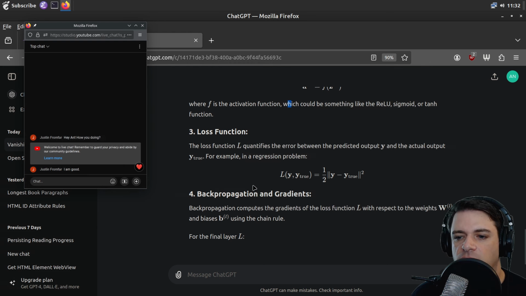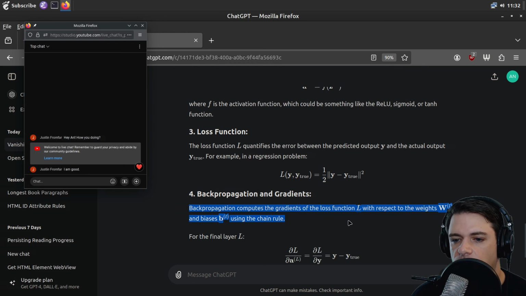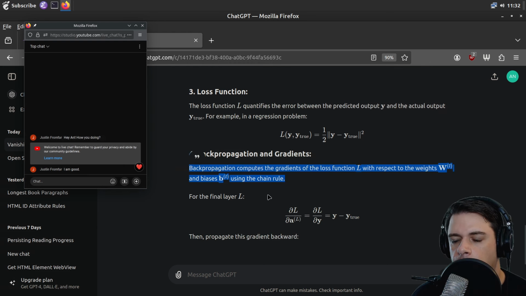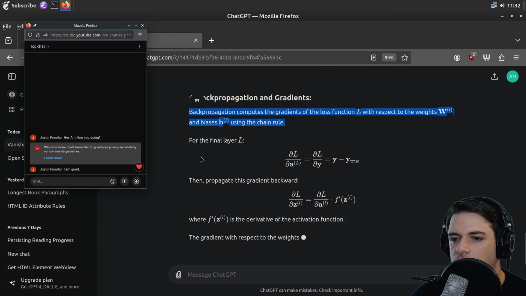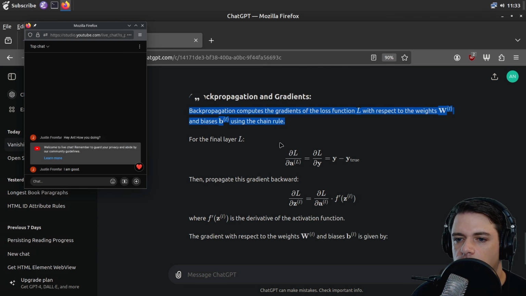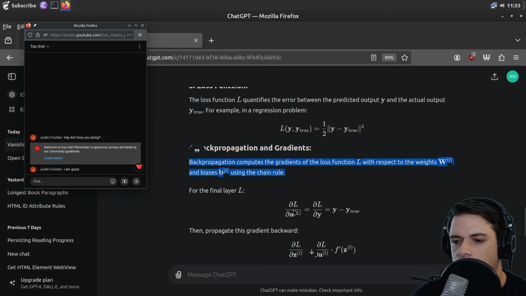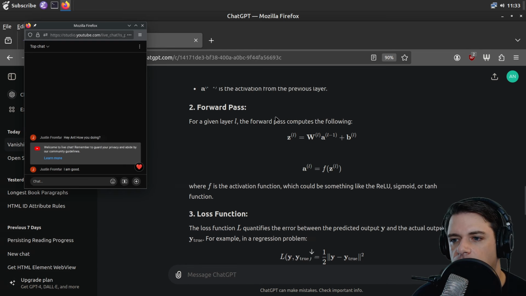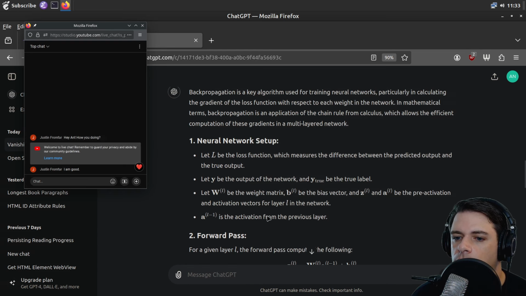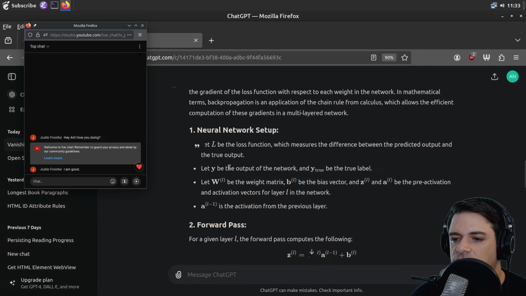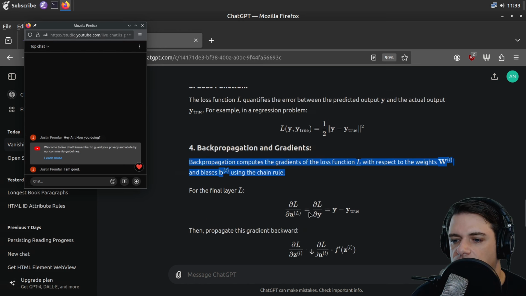Backpropagation computes the gradients of the loss function L with respect to the weights and biases using the chain rule. For the final layer L, del L over del A to the L. I don't know what A to the L is. That's maybe an index into A, the activations from the previous layers. I think that's supposed to be an index.